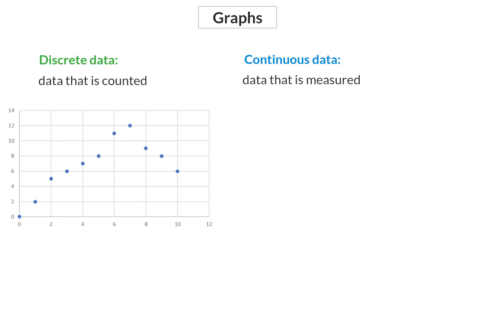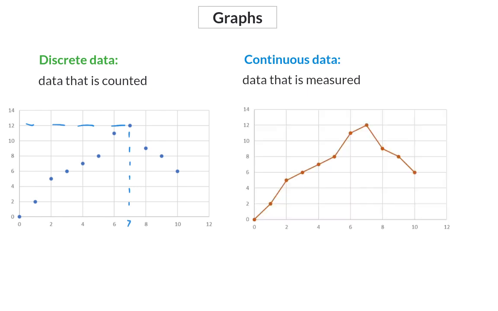On such a graph, a reading can only be taken at distinct points. For example, we can say that the maximum point is at 7 and that maximum value is 12. Examples of discrete data are the number of people, number of books, or number of goals scored.